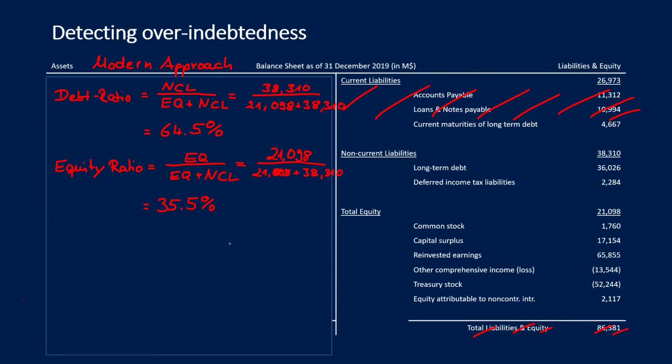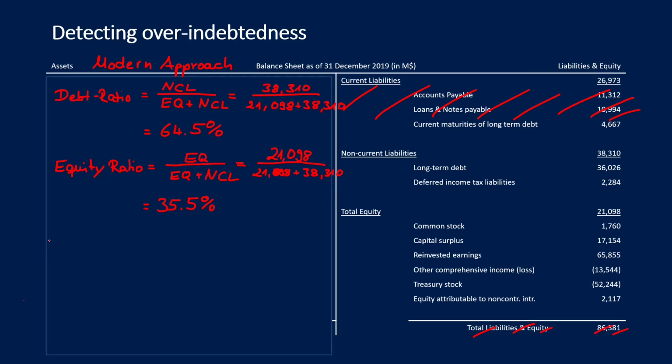And if we define debt ratio and equity ratio like this in this modern approach, again, 64.5% and 35.5% add up to 100%. So for consistency reasons, we need to have this.